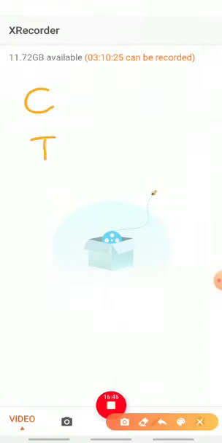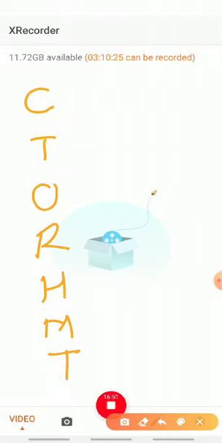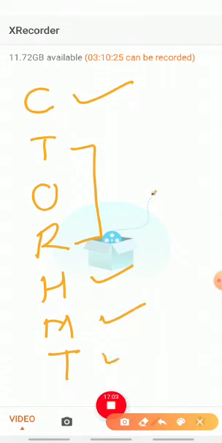C T O R H M T. You'll remember this word. You'll say C-Tor-HMT. So what is this C? C means cubic.